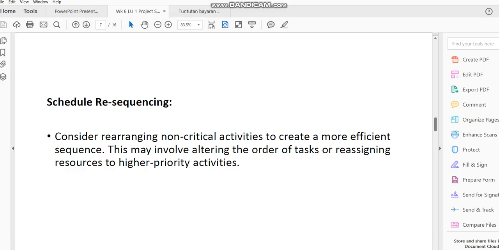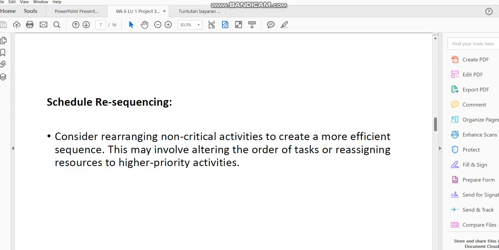Then that delay is one that can be claimable under extension of time. Then you may want to rearrange or resequence activities, or you contractually apply for extension of time, and then come back and rearrange the schedule.